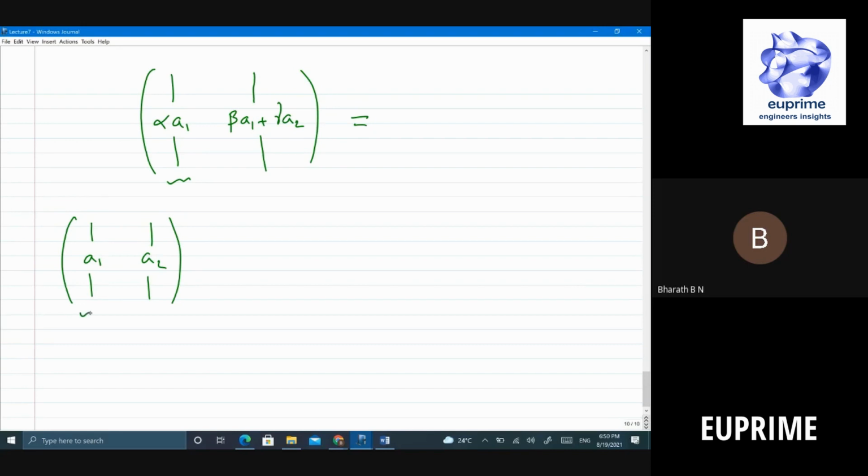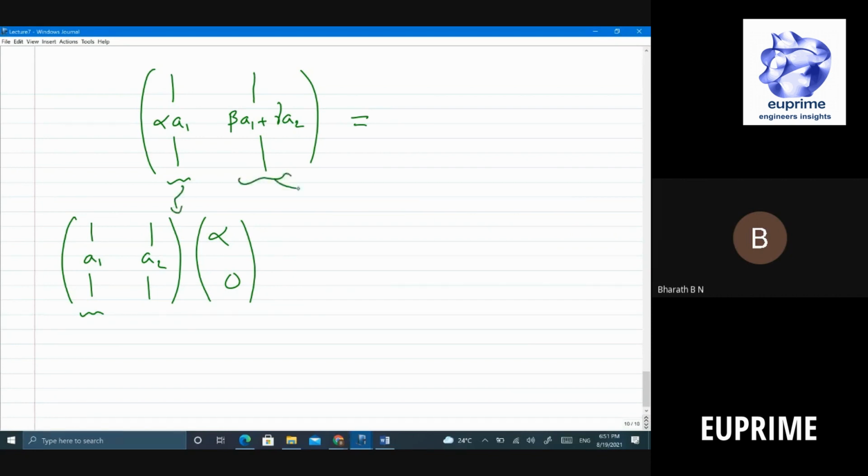I have to select this column, but with the multiplication of alpha. So if I multiply by this vector, I get the first column of this.